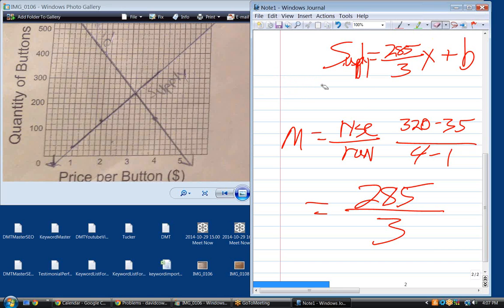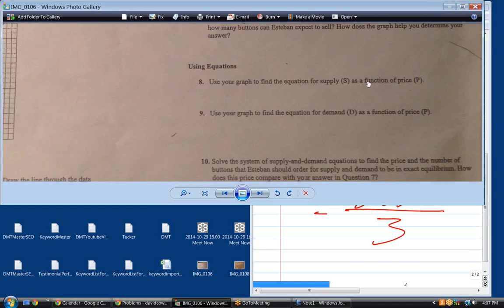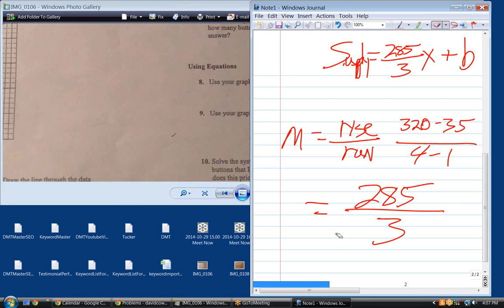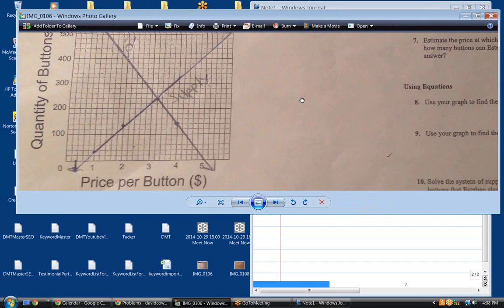Now, we're not done because question 8 says use the graph to find the equation of s as a function of p. Well, p is our x here. So if we can solve for b, we will be done, at least with the supply equation. There's a couple of ways we can solve for b.